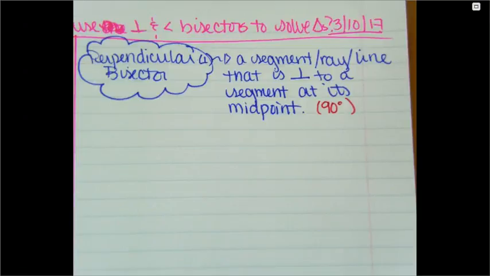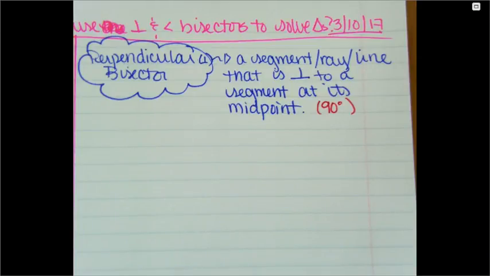What is a segment? It's not a line. There's segment, ray, and line. They're three different things. A segment starts and stops, with two endpoints. A ray starts and keeps going. And a line goes on forever. So I want everyone to hold up your hands.